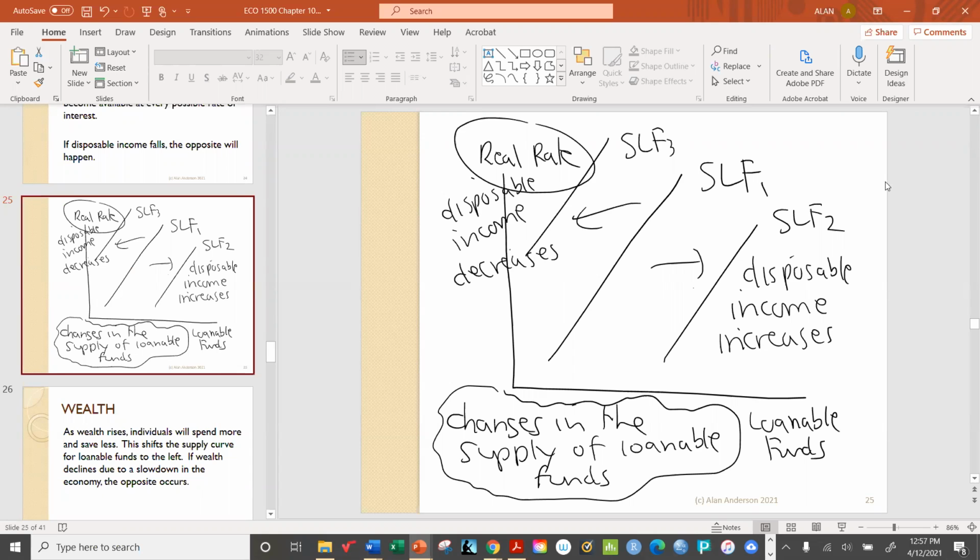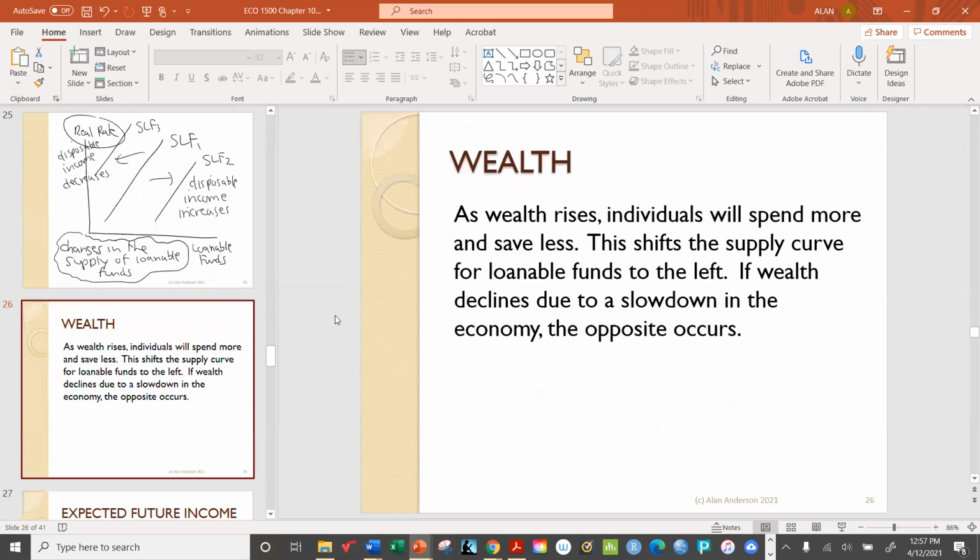Now, according to the book, now I'm not sure if I completely agree with this. They're trying to say that if your wealth increases, meaning your lifetime savings, that actually could reduce the amount that we save. Well, I can kind of see, like let's say your wealth goes from 1 million to 2 million. You may decide that that's already a lot of savings right there.